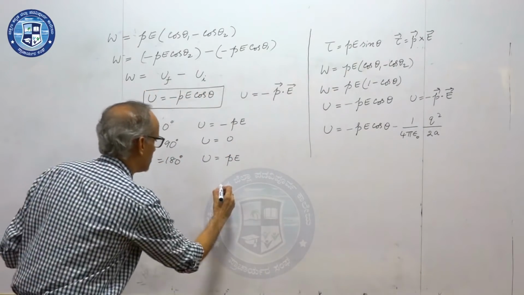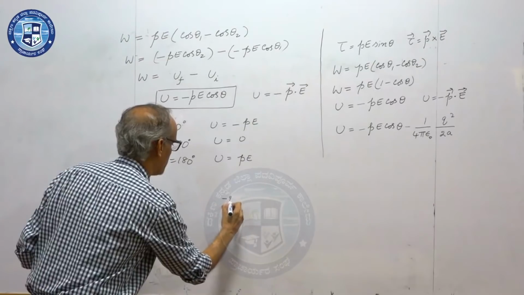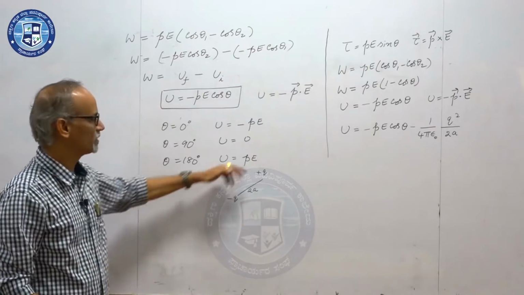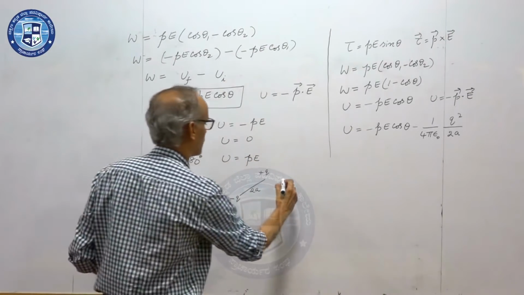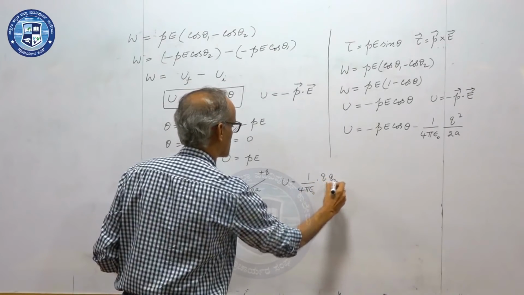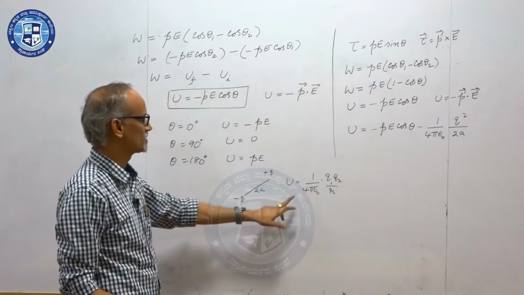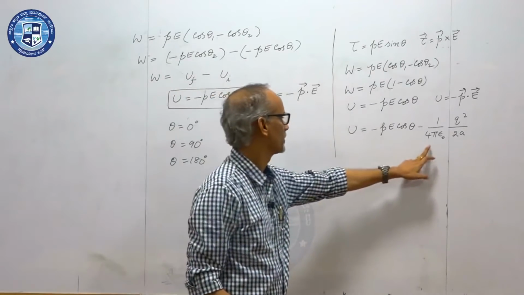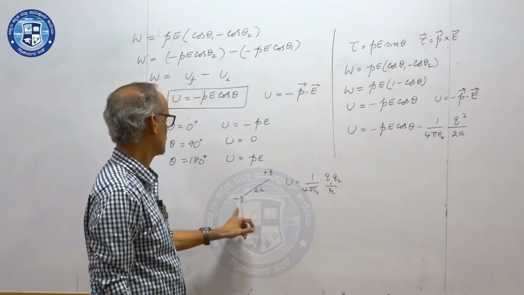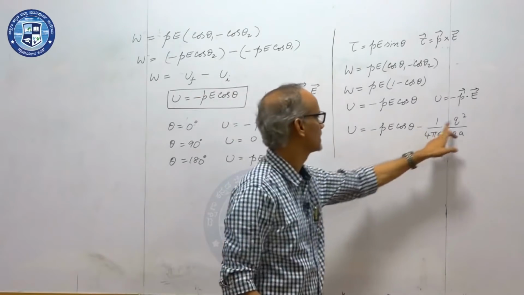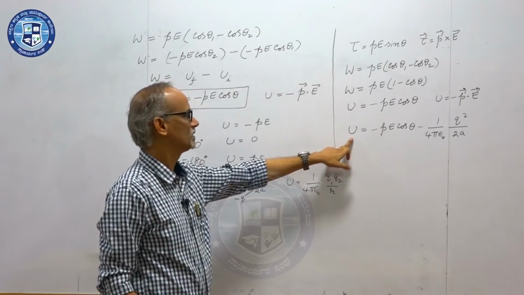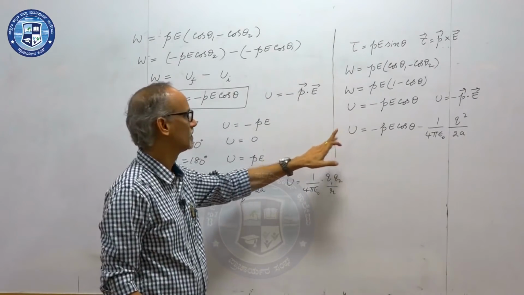That is, if the two charges, minus q and plus q, are separated by 2a, then the potential energy due to these two charges is given by U is equal to 1 by 4 pi epsilon naught times the product of the two charges over the separation between them. I have used this form in writing this equation. It is minus 1 by 4 pi epsilon naught q into q, q into minus q gives here minus q square, by the separation which is 2a. So, this is the net potential energy stored in the dipole.